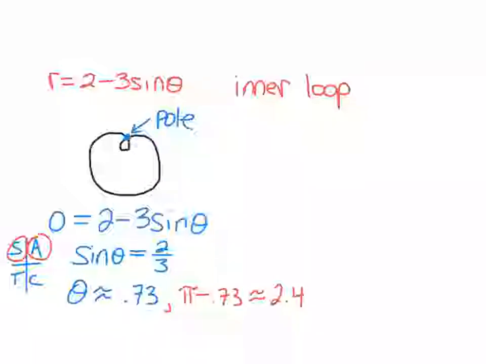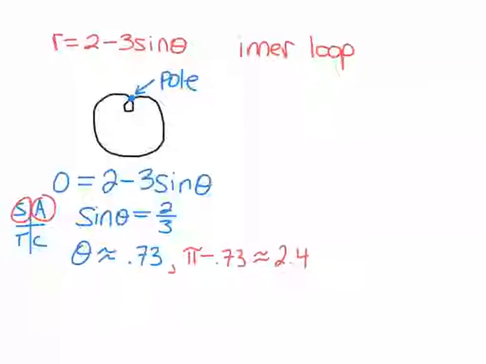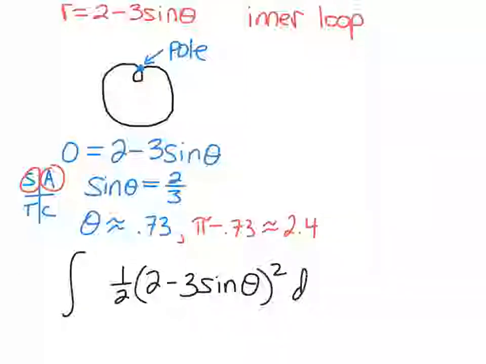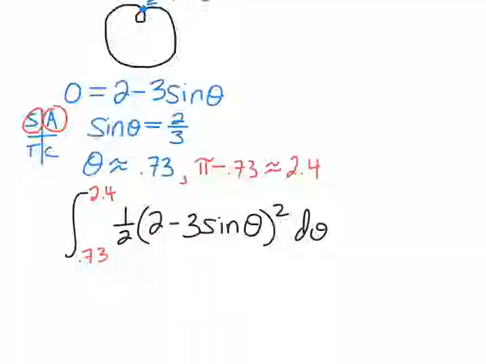All right, so if we're looking for the area here, again, it's 1/2 r squared d theta. So our r is 2 minus 3 sine theta. Our bounds would be going from 0.73 to 2.4. Now, if we had to do this out by hand, it would involve some identity substitutions, but we don't have to worry about that because I'm a stickler for some things.